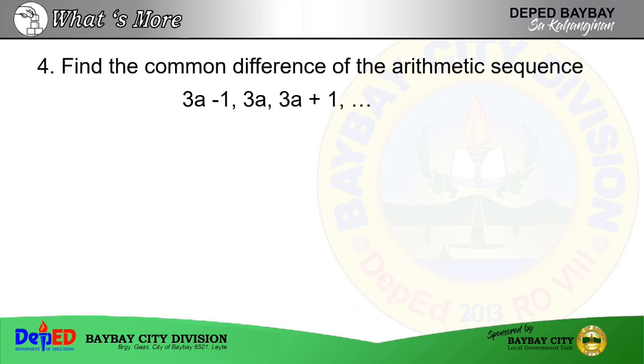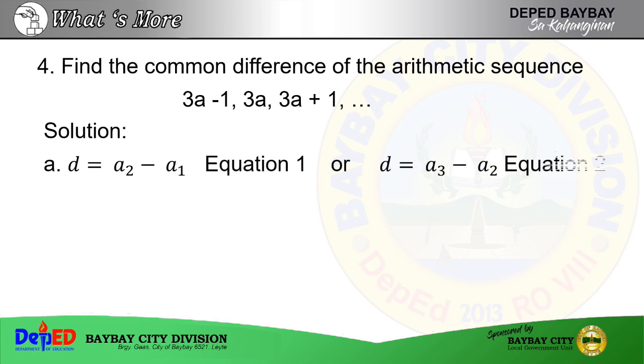Number 4. Find the common difference of the arithmetic sequence 3a minus 1, 3a, 3a plus 1. We must remember that in an arithmetic sequence, the common difference d is a term minus the preceding term. Thus, d is equal to a sub 2 minus a sub 1 for equation 1, or d is equal to a sub 3 minus a sub 2 for equation 2.